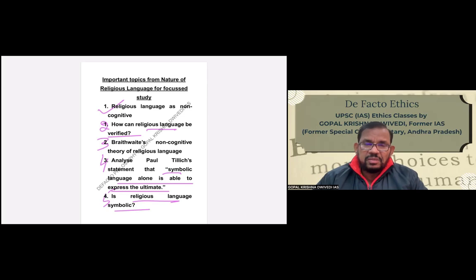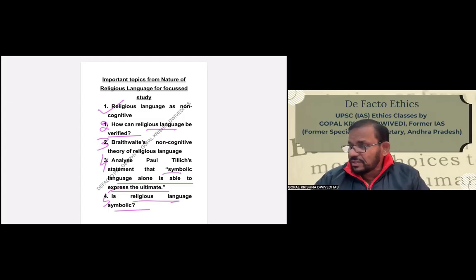Verification brings in logical positivism, which you might have studied in Western philosophy, so that is also very closely related. And once you talk about symbolic language, Paul Tillich will be there. So these topics overlap, but we will try to discuss them.